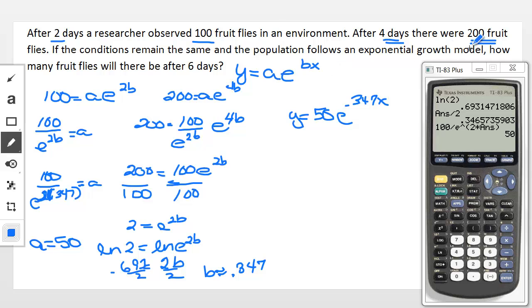Substituting those in, we're able to figure out now how many fruit flies there will be after 6 days. We don't know what y is, but we know that we have 50 times e to the 0.347 times 6.